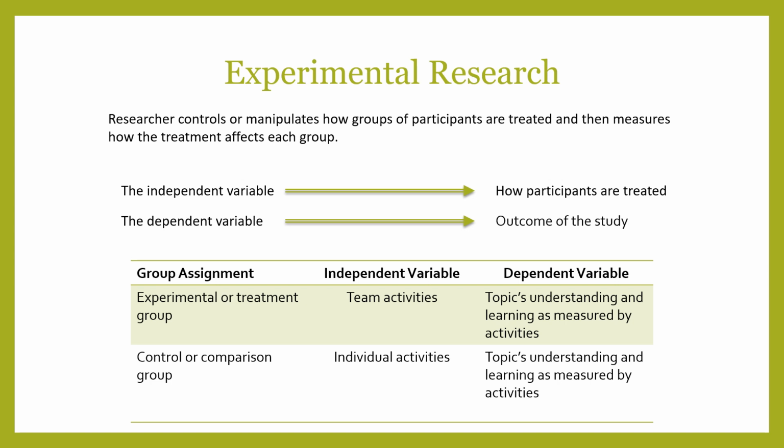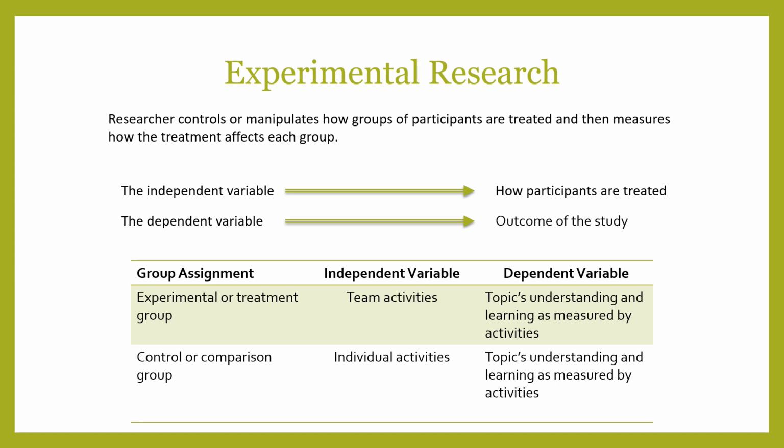Then we have experimental research. In this kind of research, the researcher controls or manipulates how groups of participants are treated and then measures how the treatment affects each group. This is a good type of research for those topics that have to check the difference from a time to another time, applying something.